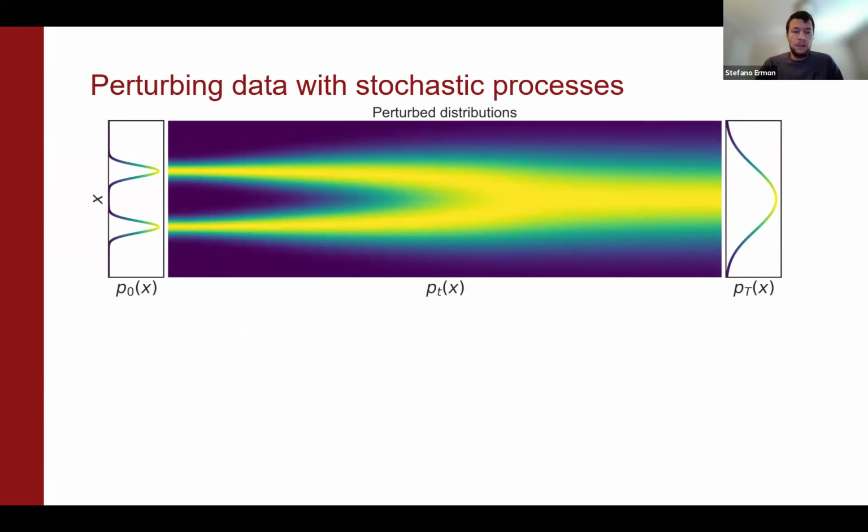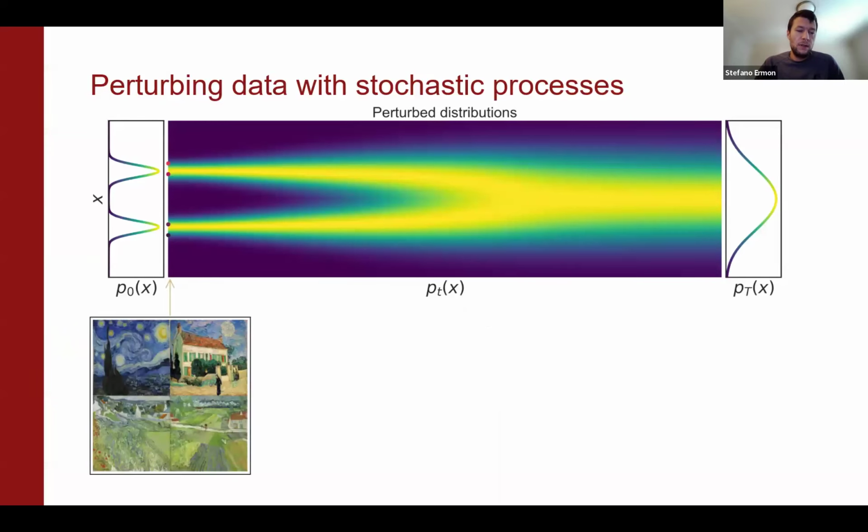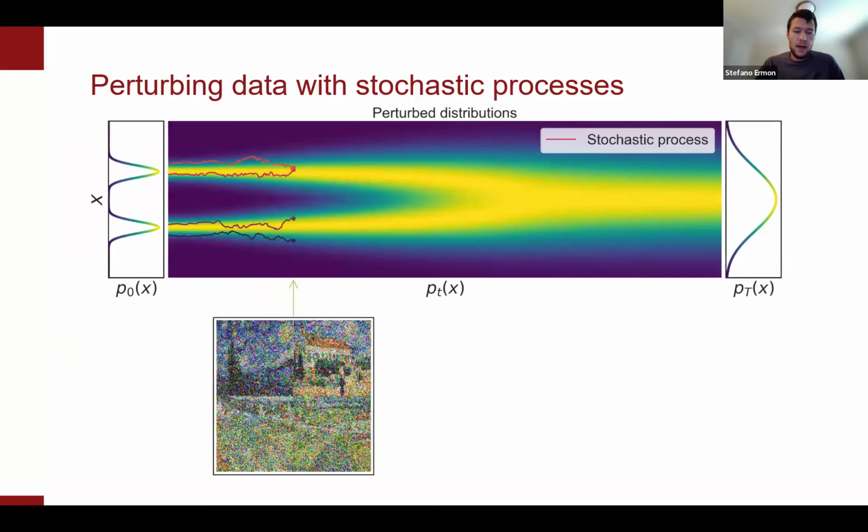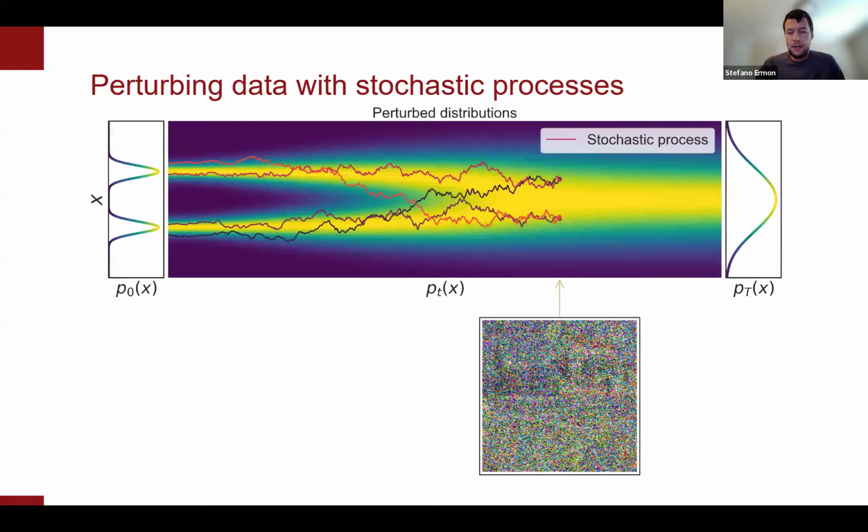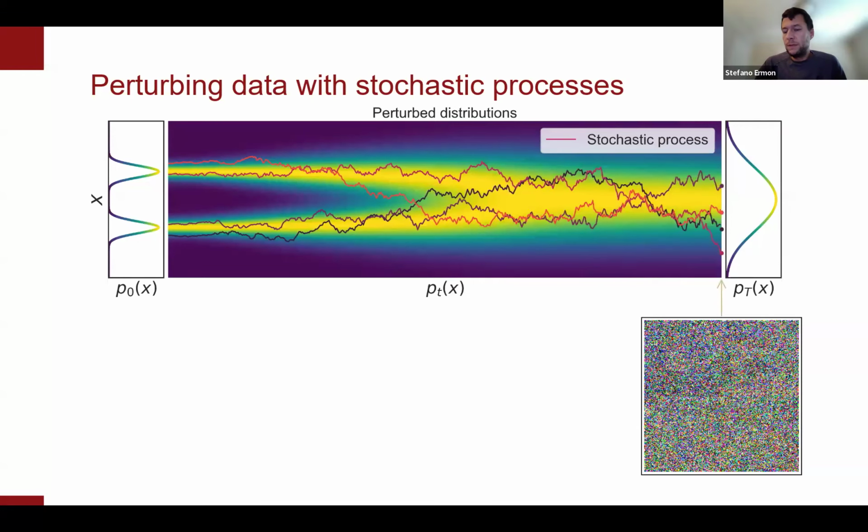A diffusion model essentially starts with a process that takes data and destroys the structure of the data by progressively adding noise. You can imagine a process where we start with a data point, and then we progressively add noise to the data until we destroy the structure completely, and we're left with pure noise.